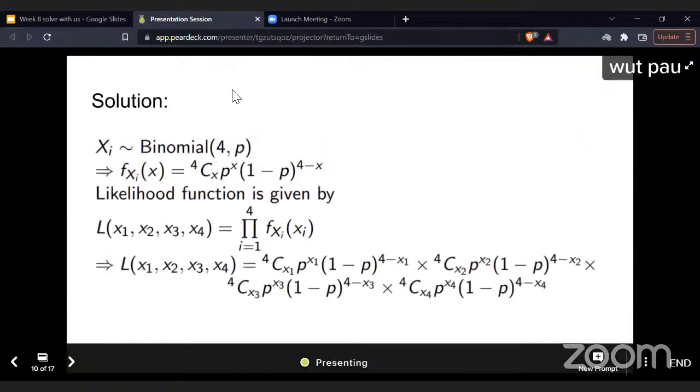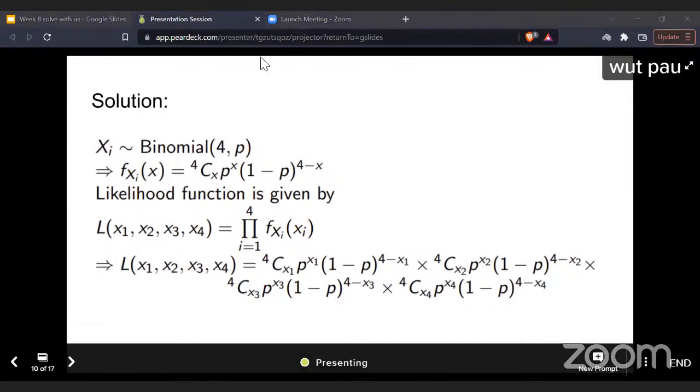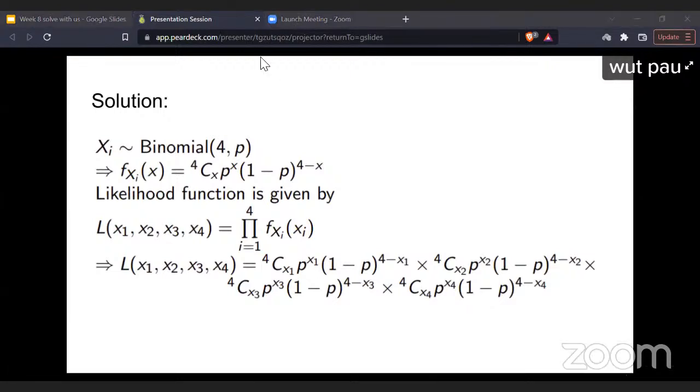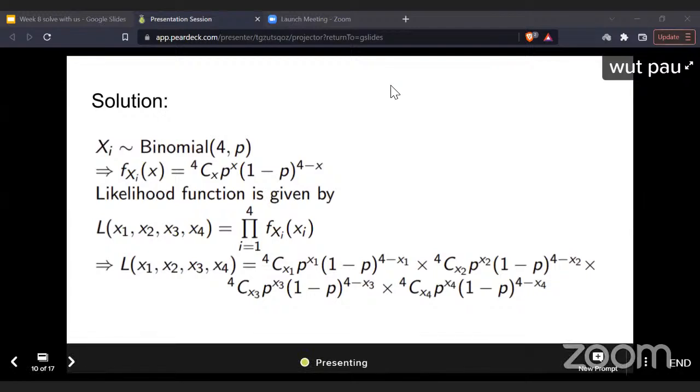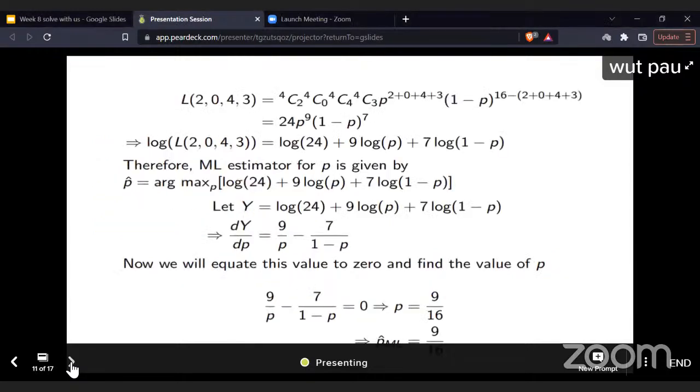Ma'am, can I say something? Yes. Ma'am, when we write the likelihood function of this binomial, we are writing 4 choose x and then the probabilities. If we can skip that 4 choose x part, because that is not playing any role. Yeah, 24 is becoming a constant at the end.